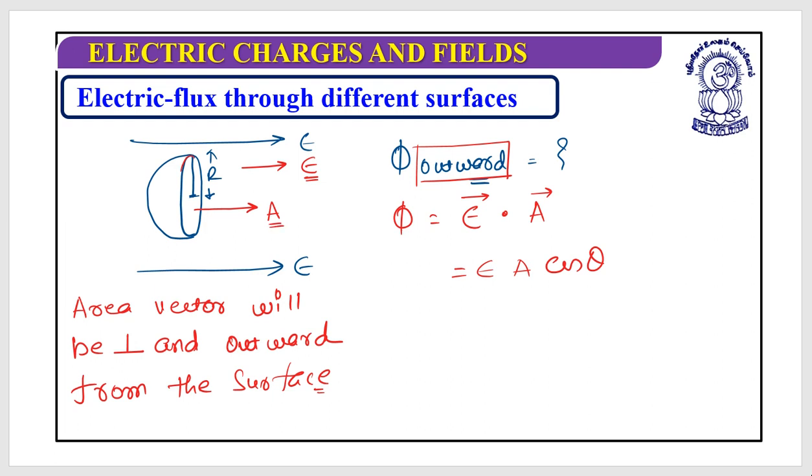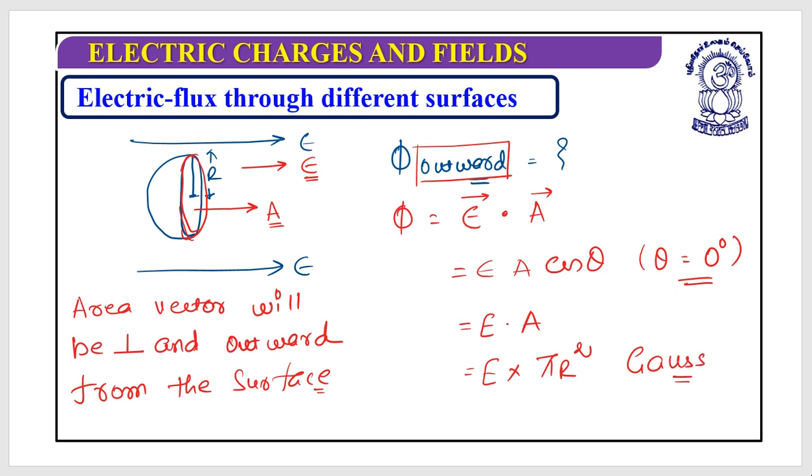So here theta is equal to 0 degrees, and the flux would be E into A. E is multiplied by the area of this base, which gives pi r square. This is the flux, E into pi r square cos 0. Can you get it? Will you be able to solve more questions like this? Are you sure?